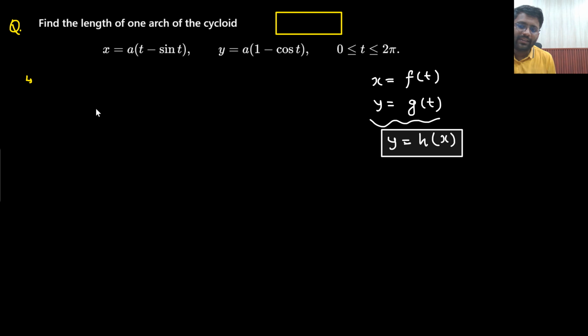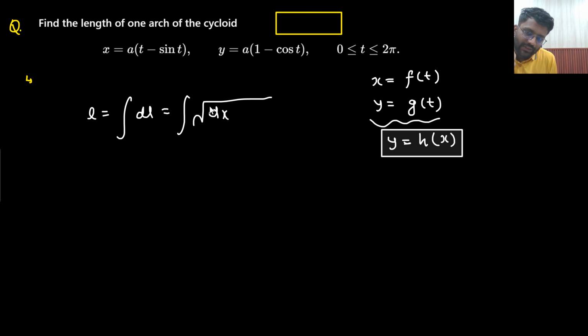So what will be your length? My length L will be nothing but the integral of dl, and what will be my dl? dl will be nothing but under root, in the direction of x how much do I walk, plus in the direction of y how much do I walk. This time the limit is of t. What does that mean?